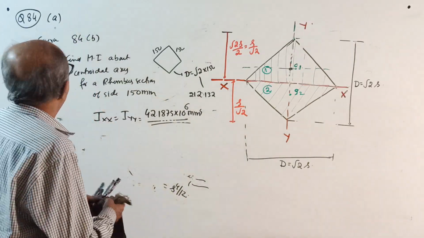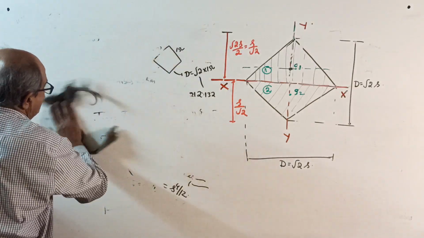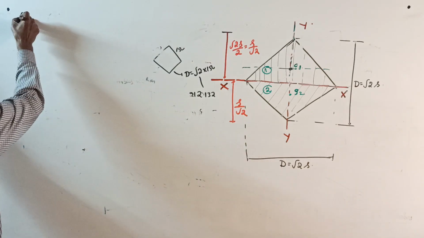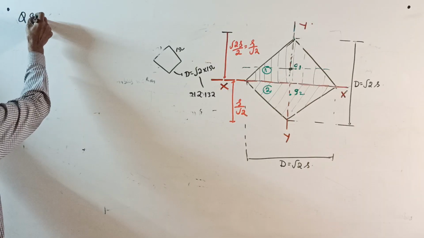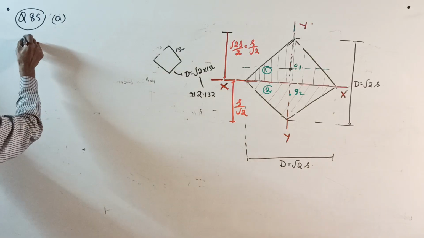Okay, this is for question 84. Now, question number 85, again A and B. 85A, I am solving all the cases. 85A is a book work. A means book work.